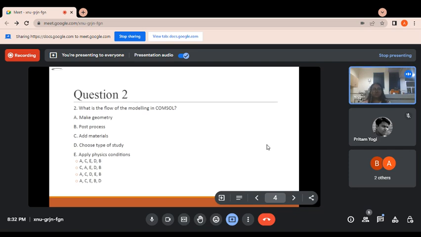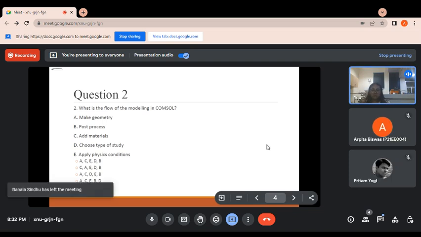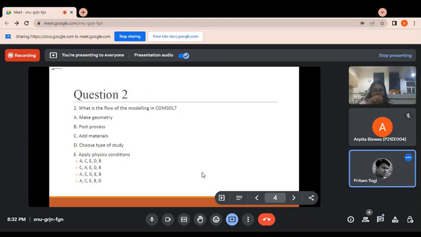And this is question 2. What is the flow of modeling in COMSOL? First is make geometry, second is post process, third is add material, D is choose type of study, and E is apply physics condition. And these are the options. So what is the right option? Option D. Why option D?